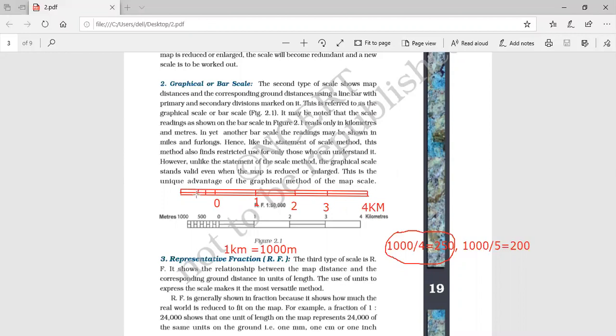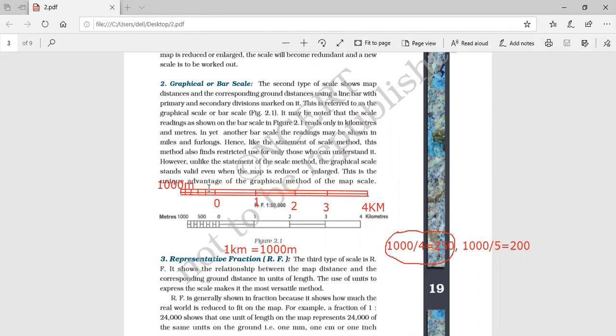It should be equal and straight, drawn with the help of a scale. So this is my third line and this is my fourth line. Okay, it's done. The name of the last line would be 1000 meters.